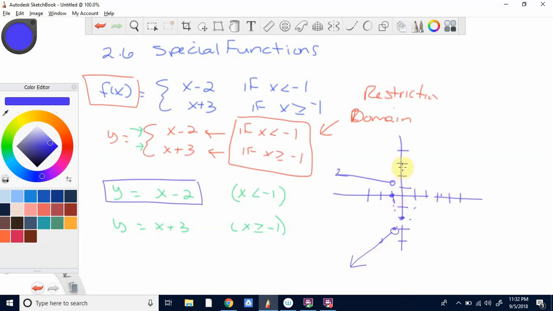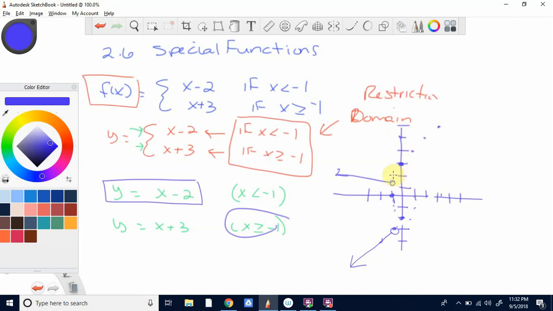Now this one is going to be here. I'm going to go up 1, over 1, up 1, over 1, up 1, over 1. And it says I want to restrict my domain to x greater than or equal to -1.